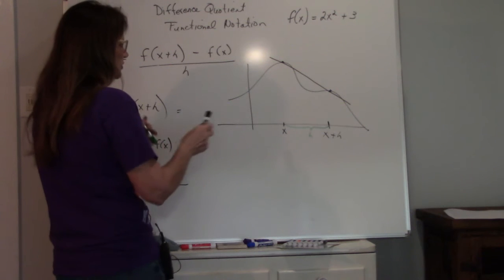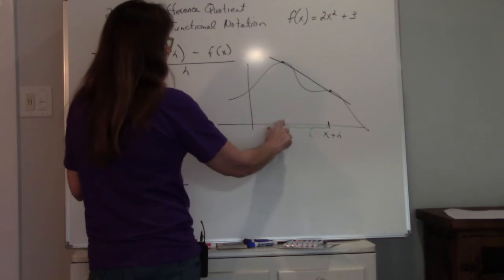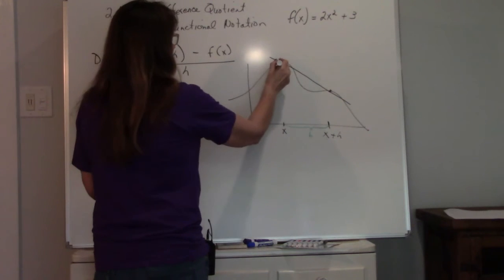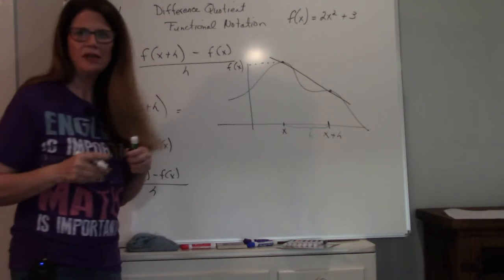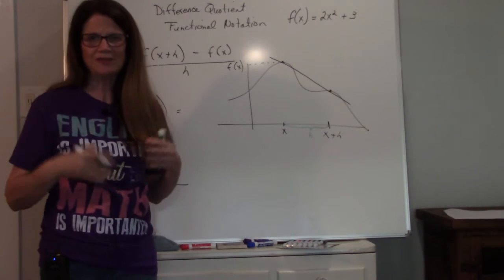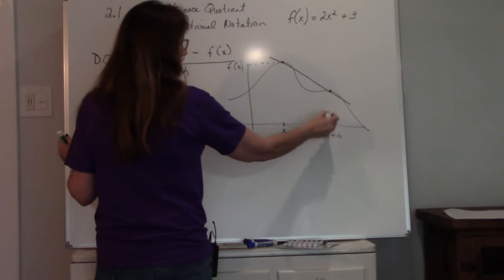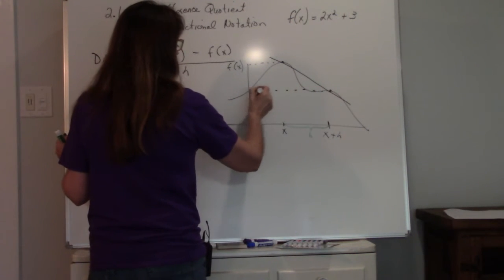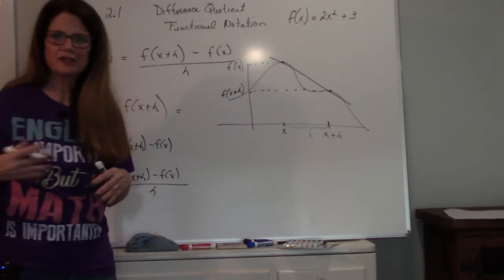Well, just like when we were reading our function, if I plug in x, I'm going to get out f of x, right? I plug in x, that's my text message. I'm going to get out f of x. If I plug in x plus h, my y value is f of x plus h.